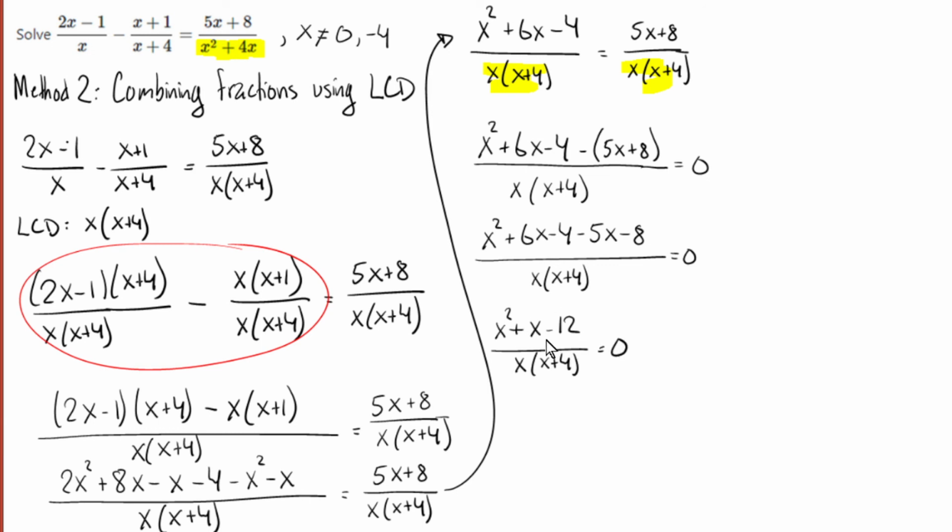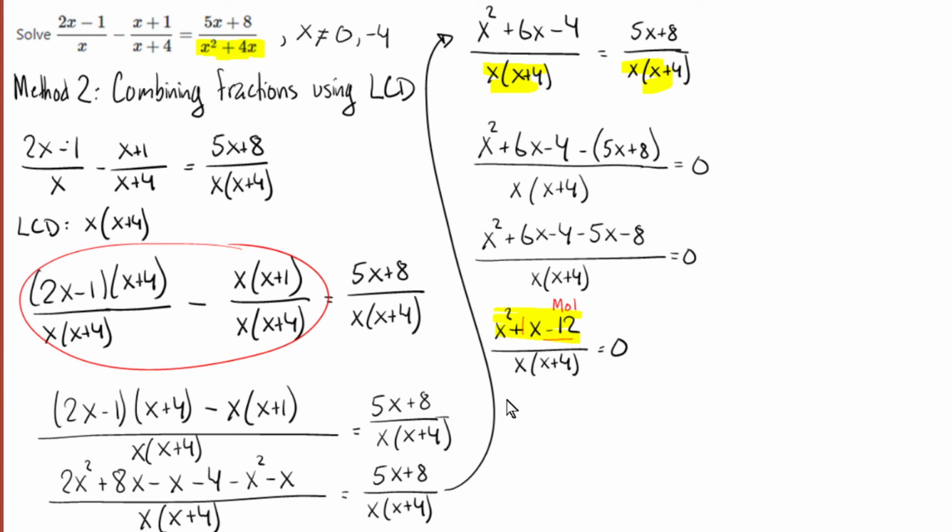All right. We can now factor the numerator here. This is a trinomial that we can factor using the method of inspection. We're looking for two numbers that add to 1 and multiply to negative 12. Okay, those two numbers will be 4 and negative 3.